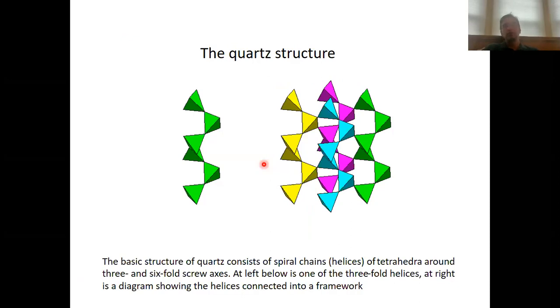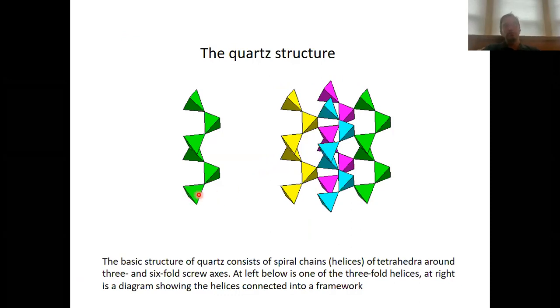So let us look at the quartz structure in particular, the low quartz structure. Remember, we actually discussed that structure to some extent already when we discussed screw axes. So the quartz structure contains both 3-fold screw axes as well as 6-fold screw axes.